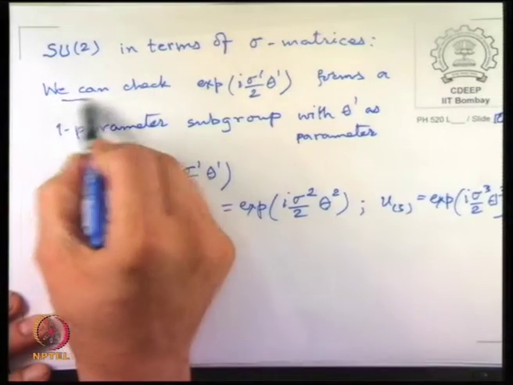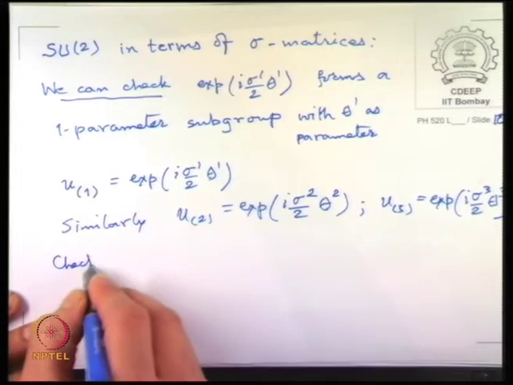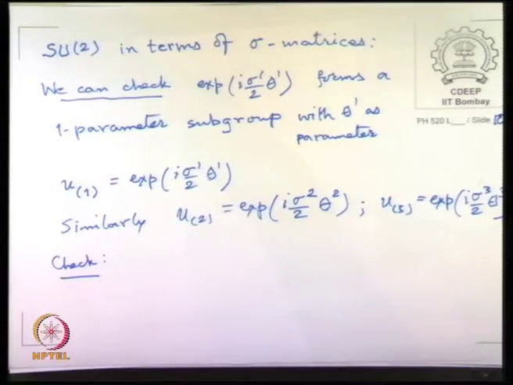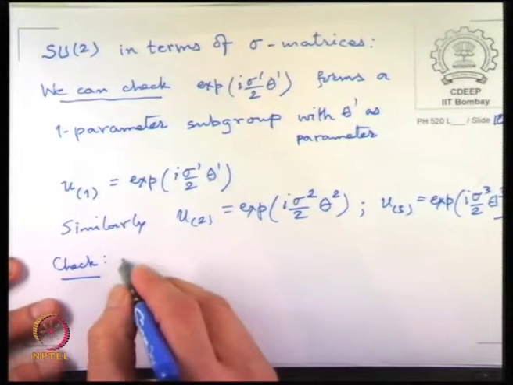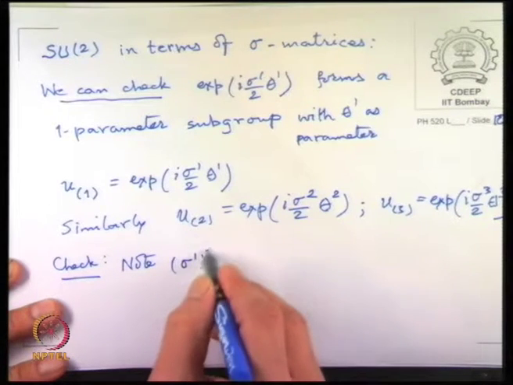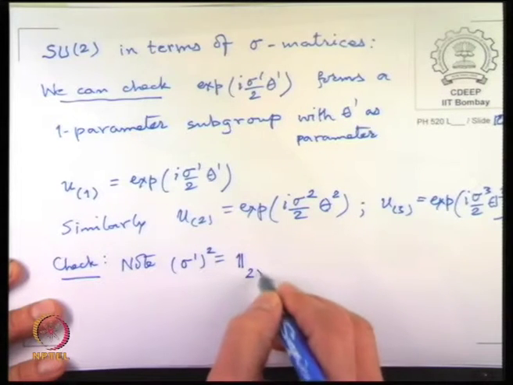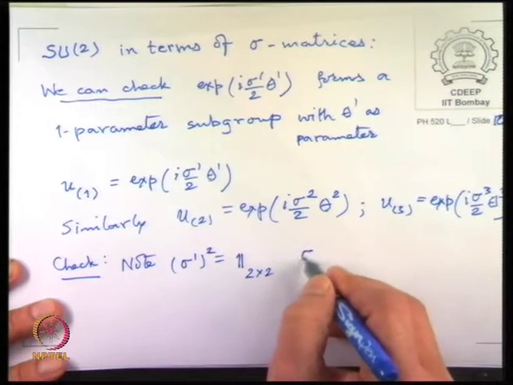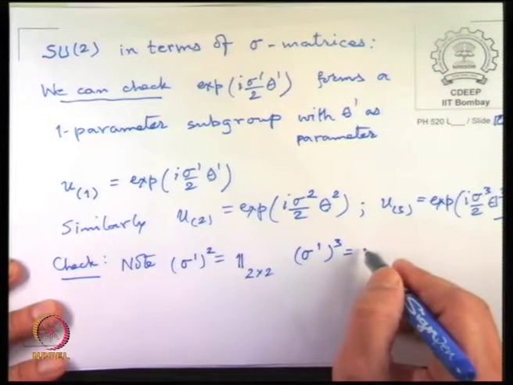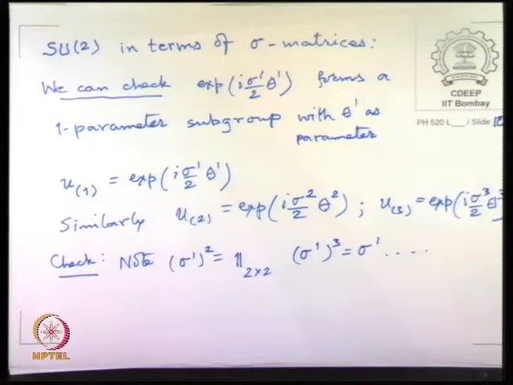We can check this easily because all we have to do is take the square: sigma 1 squared is equal to the identity matrix, and so sigma 1 cube is sigma 1, and so on, and sigma 1 to the 4 is back to being 1.